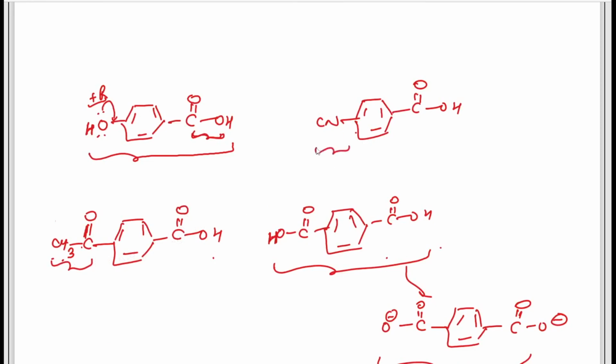If we compare other two carboxylic acids, acetyl group containing carboxylate anion has lesser stability as compared to that of cyano group containing carboxylate anion, because cyano group is strong electron withdrawing group. But if we consider the case of acetyl, however, carbonyl group is electron withdrawing here, but here methyl group shows plus effect. So resulting carboxylate anion will be less stable as compared to the anion in the case of 4-cyanobenzoic acid.